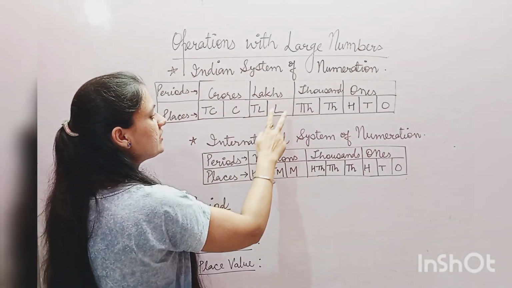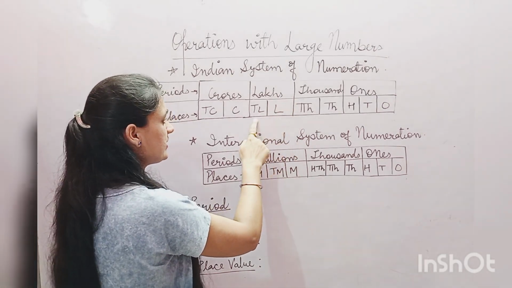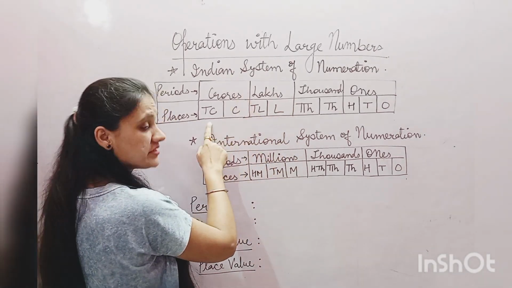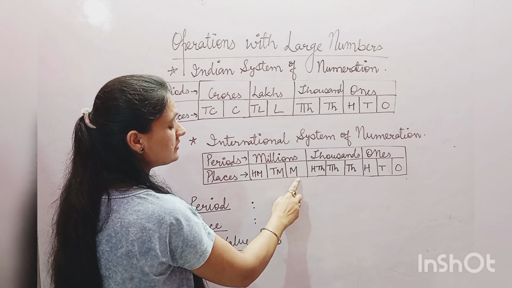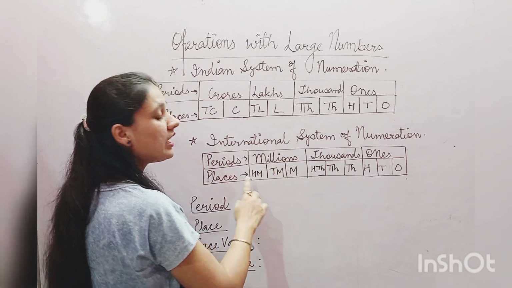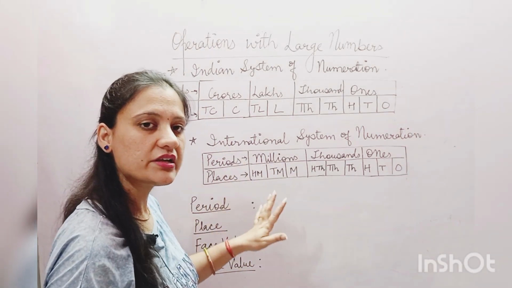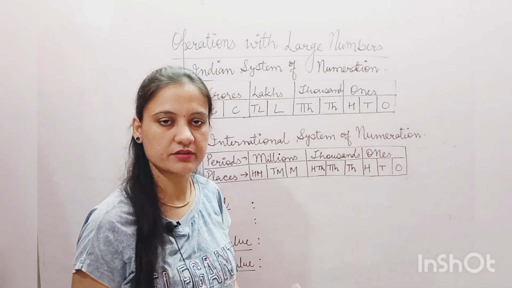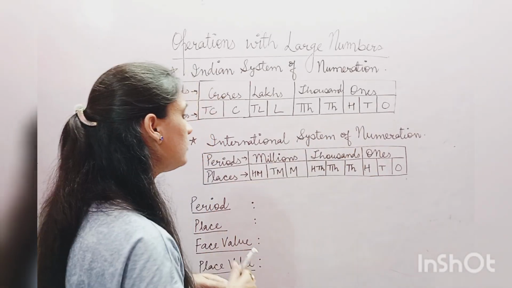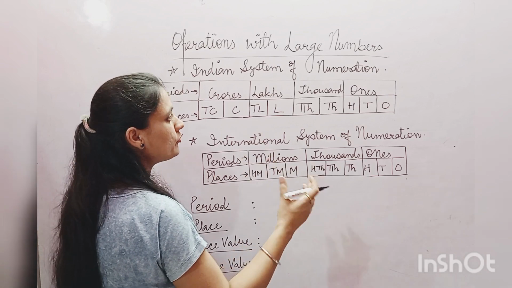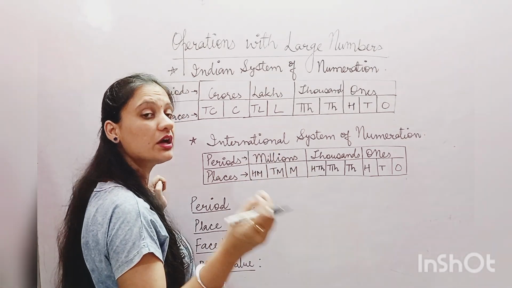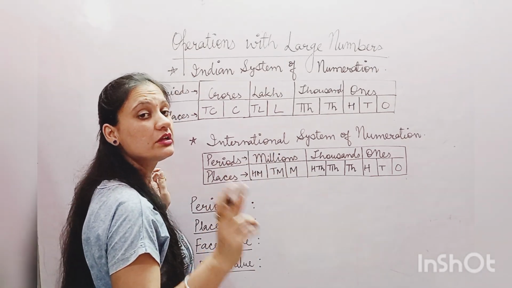So in lakhs period there are again two places, lakhs and 10 lakh, crore and 10 crore, and in million it is million, 10 million and 100 million. So which period is the same? That is the ones period. Is this clear? So you can understand, as I told you, we used to put comma according to the periods, not according to the places.